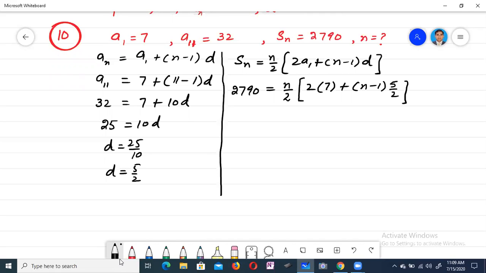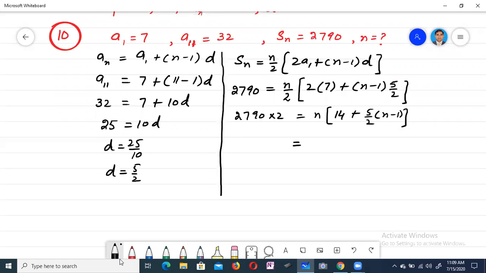Now we have to simplify. This 2 is dividing, so on the other side it will multiply. 2790 multiplied by 2 is equal to n into (2 sevens are 14 plus 5 divided by 2 into (n minus 1)).